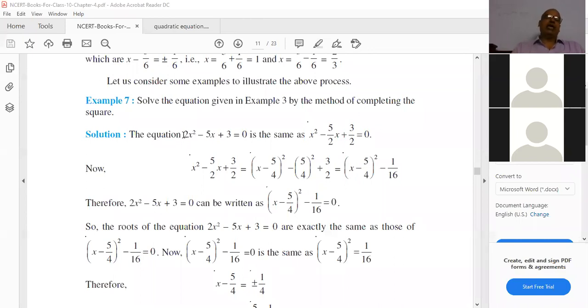4x square means I can write as 2x whole square. Next minus 10x is there. So minus 2 into 2x into something; 4x is already there.